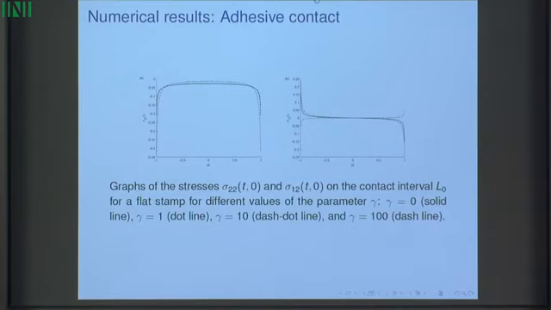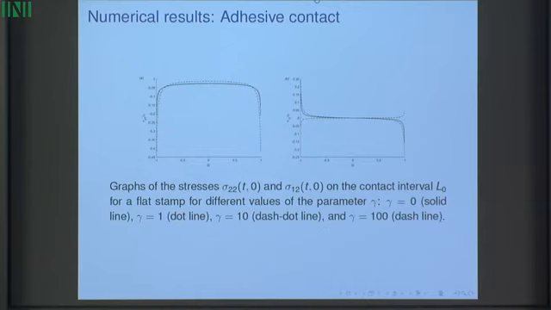Okay, so numerical results. Here are some numerical results for adhesive contact, and these are results for different values of surface tension parameters. So starting from 0, the solid line is a classical solution, essentially. There are no surface effects. And then we vary how much these effects change, and we get different conditions.